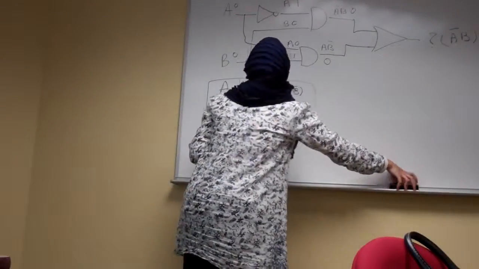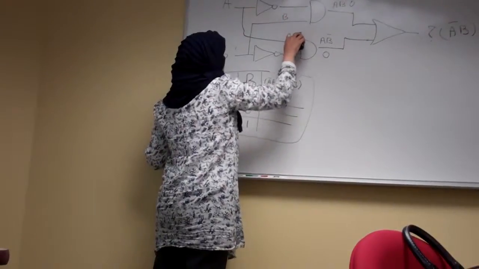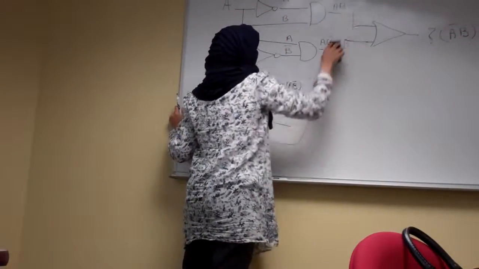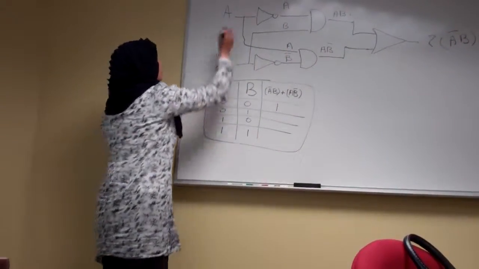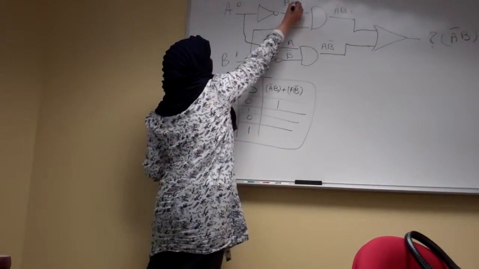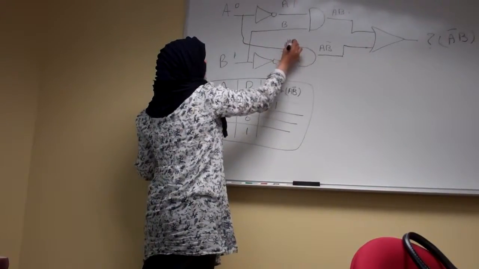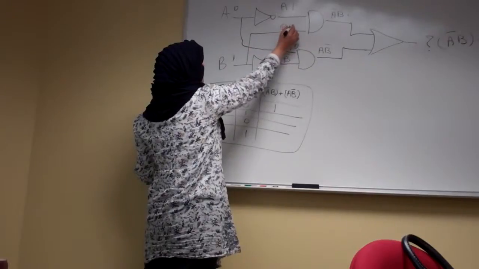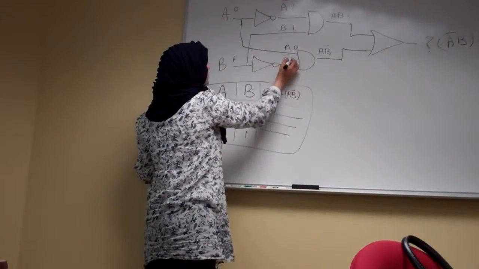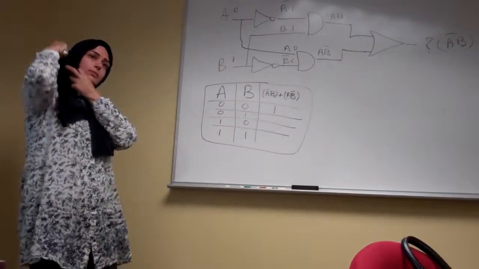Okay, now let's make this 0, and this is 1. So here 1, 1, and here 0, 0. And here B, 1, 1, and here 0, 0. 1 and 1 in the AND gate, 1.